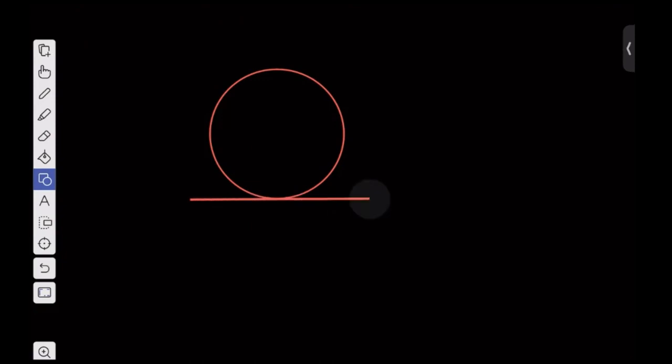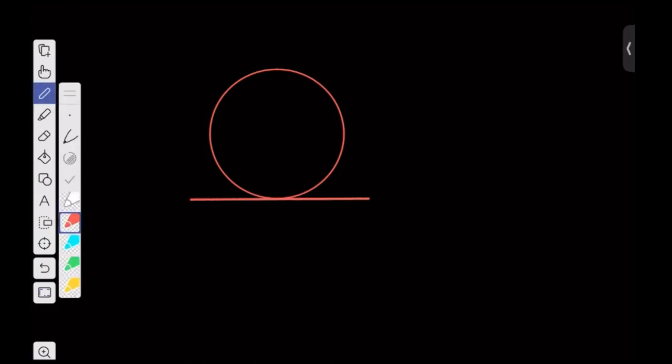Next, we will do one question which involves impulse as well as rolling without slipping. Suppose what we have here is a solid sphere of mass m and radius r.